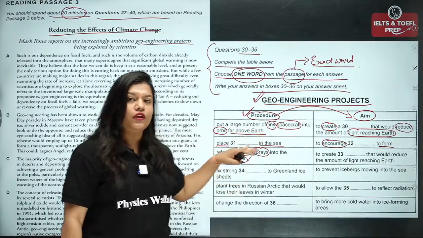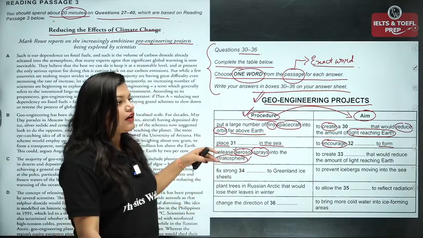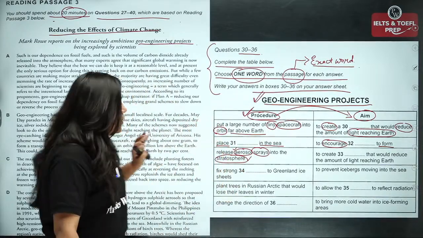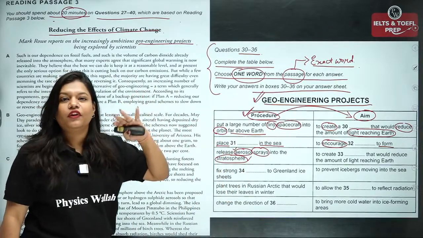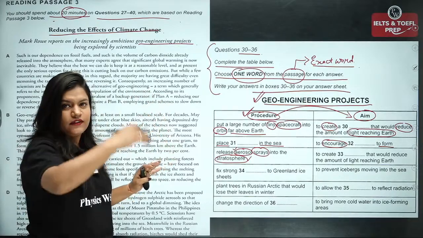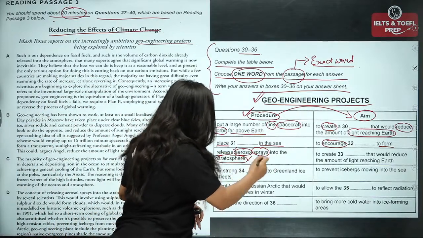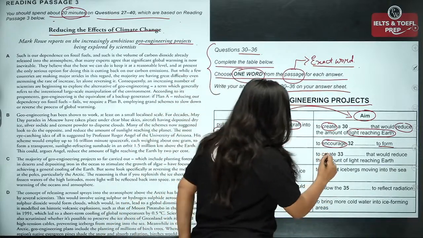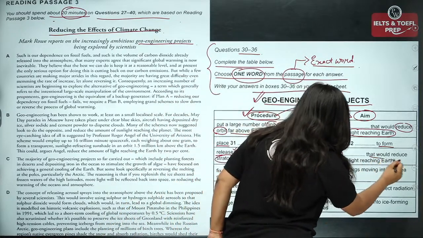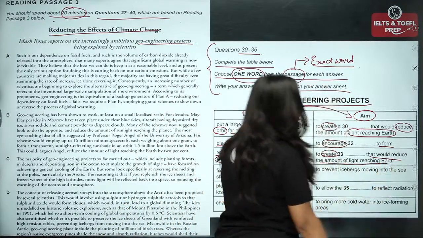It means aerosol is some sort of chemical, or stratosphere is a layer somewhere in the atmosphere, whatever it is. So it is the layer and then कुछ तो होगा. We need to release this into the stratosphere to create something that would reduce the amount of light reaching Earth.